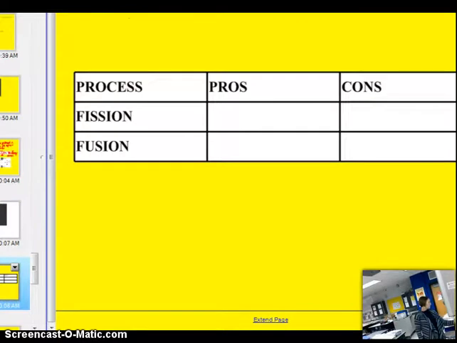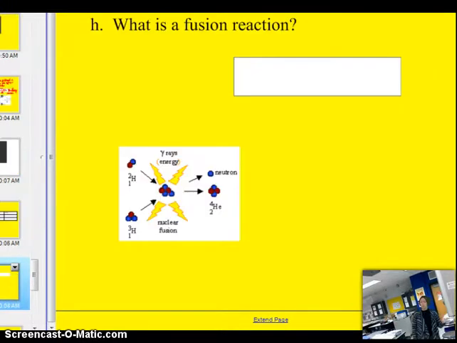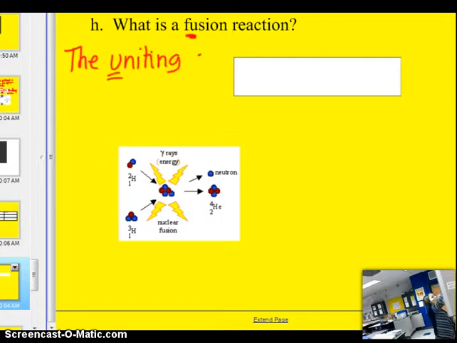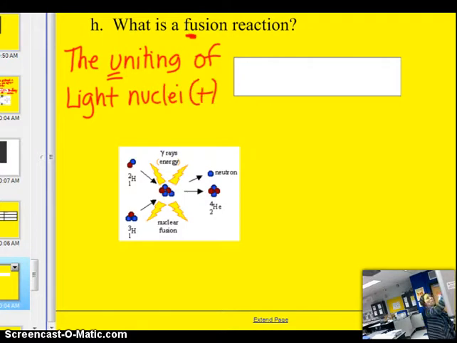Where's fusion? Fusion is the combining or uniting. See, the U in fusion is for unite. So it's the uniting of light nuclei. Now, remember, nuclei are positively charged. Atoms are neutral, but if you just have the nucleus of atoms, they're both positively charged.